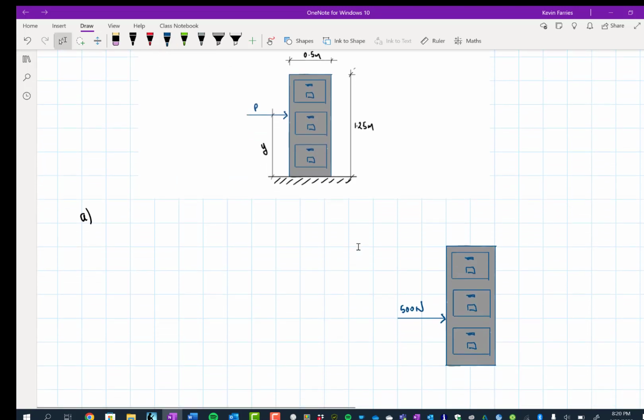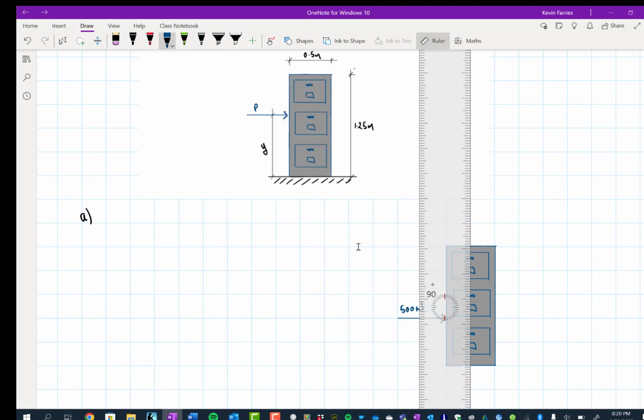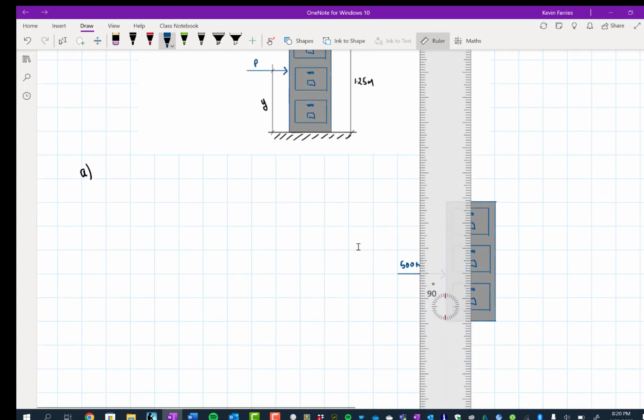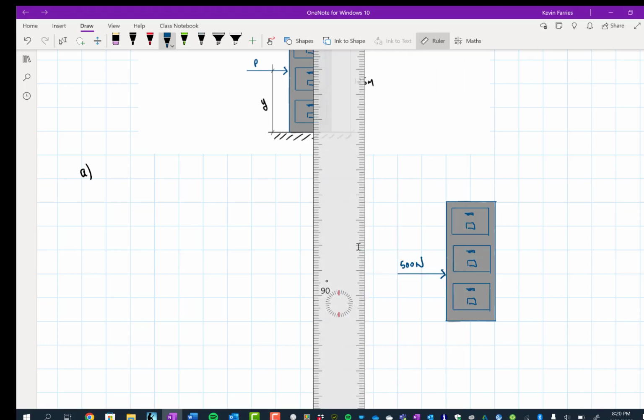What else have we got acting on this? We've got the weight, and we're applying a horizontal load, and so we don't really need to worry. We'll assume that filing cabinet's evenly loaded, and so I might just do a free body diagram that doesn't have all the details, just to make things a bit easier to see.